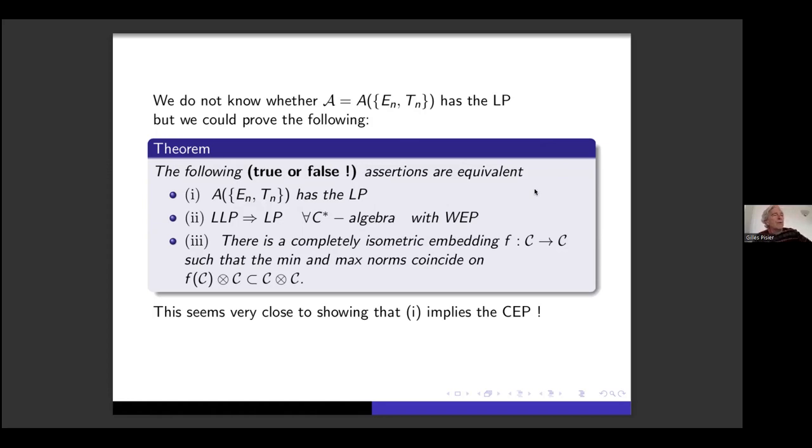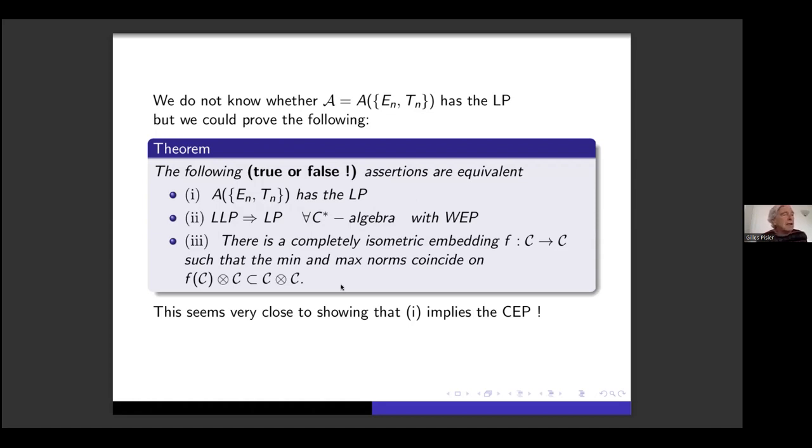But I came to a very strange statement, similar to Kirchberg's proposition of equivalence of conjectures that you cannot decide. So this is a statement like that. I don't know if anything is true or false in what I'm listing, but I know that they are equivalent. The algebra that I construct has the lifting property, just this object, if and only if the implication local lifting implies global lifting holds for any C-star algebra with weak expectation property.